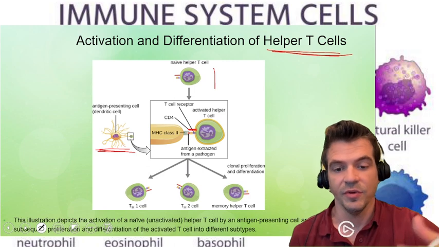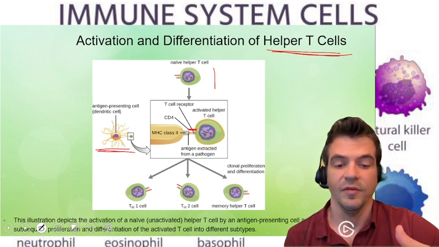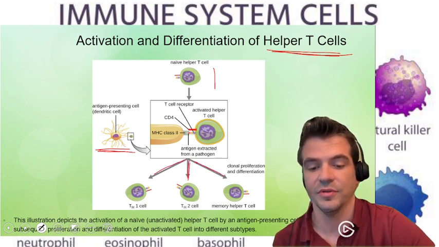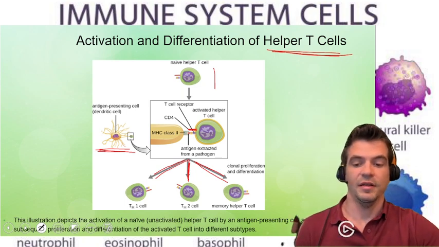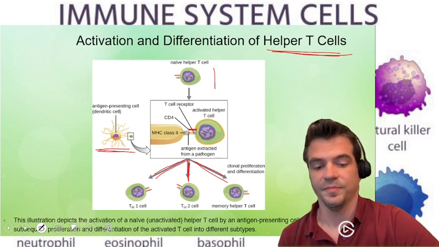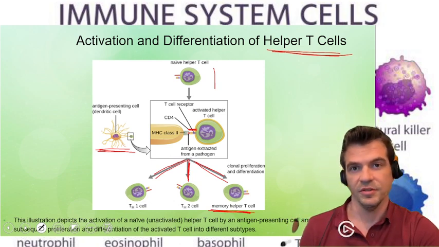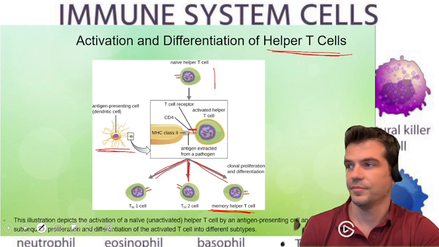The CD4 reads the antigen that is presented, and from then it undergoes differentiation and proliferation. They make a couple of T cells, and then some even form into memory helper T cells, which remember and stay alive a lot longer.